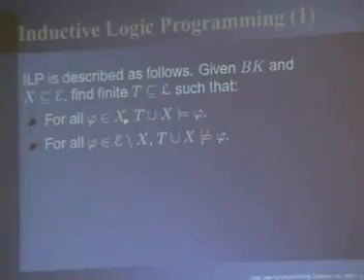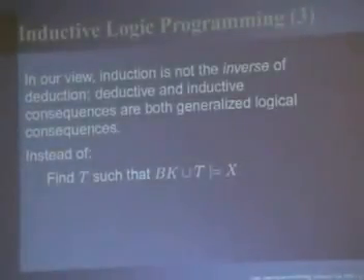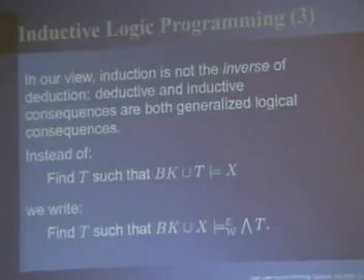So in our view, induction is not the inverse of deduction. Deduction and induction are particular cases of a more general notion of logical consequence. So instead of formulating the problem as find T such that background knowledge union T implies the data, so inverting this relation, we formulate the problem as find T such that background knowledge plus data imply, in a logical sense but extended, T. The problem is to perform a generalized logical consequence.